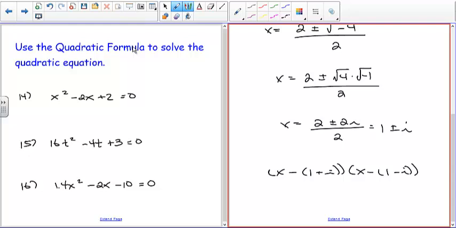So this is going from the zeros to the factors. So one of the factors is plus, one of the factors is minus. This equals that, so to solve for 0, I would subtract this from both sides.